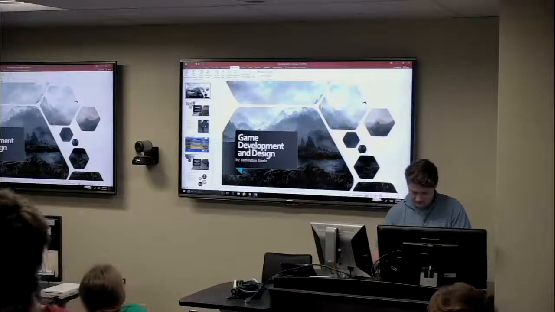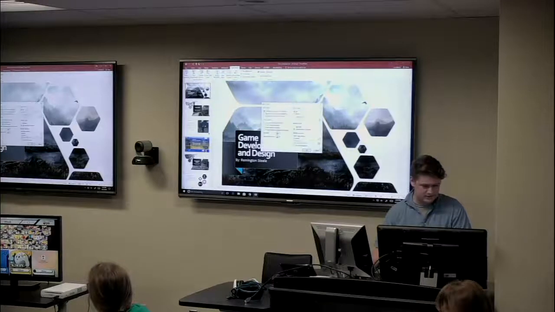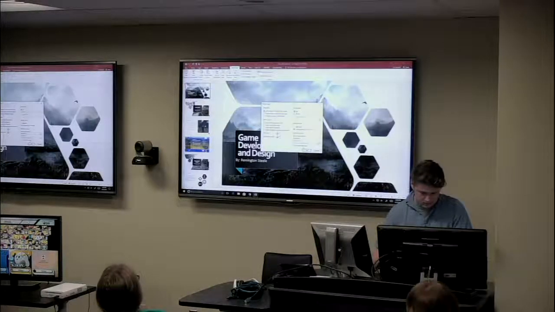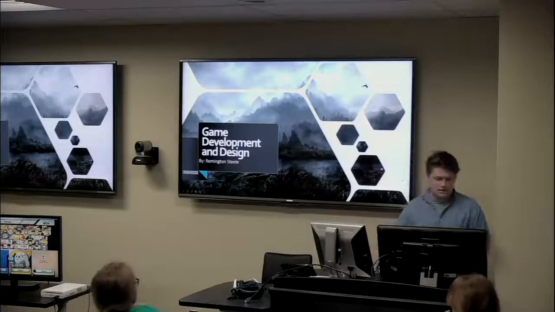I forget how to get that back to the other side. We need to set up a slideshow. Slideshow monitor. Where's that at? It was under that menu you were just on, bottom right. Bottom right. Yeah, in that box. I should stop playing, but I can't. Okay. There we go.